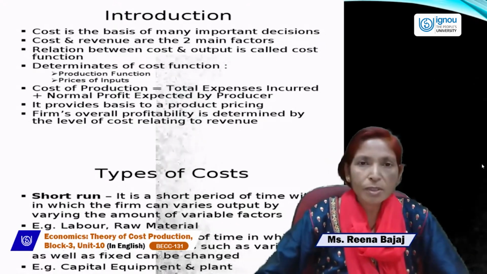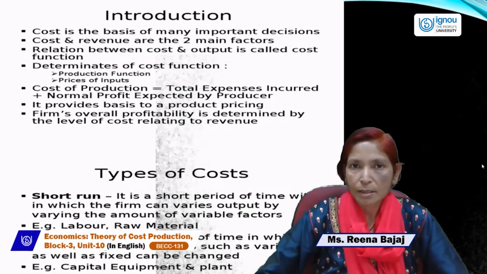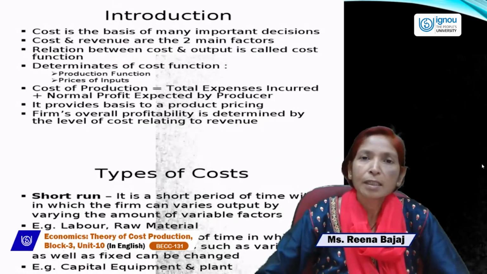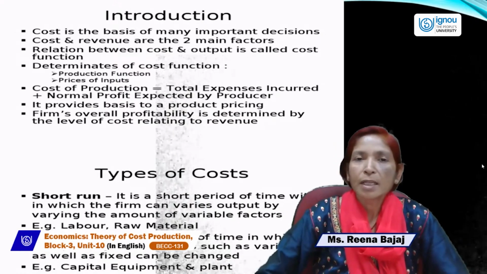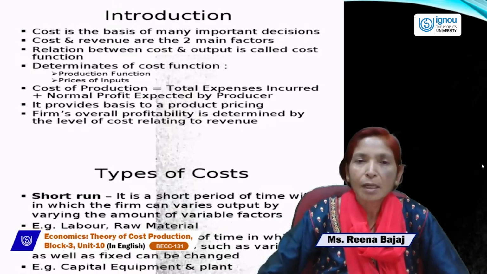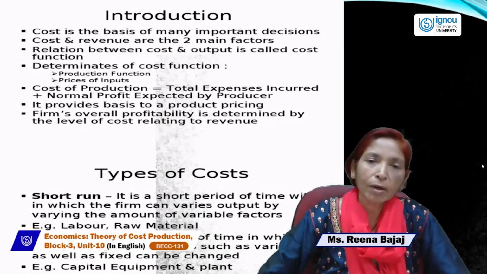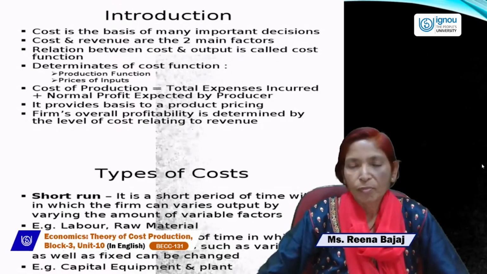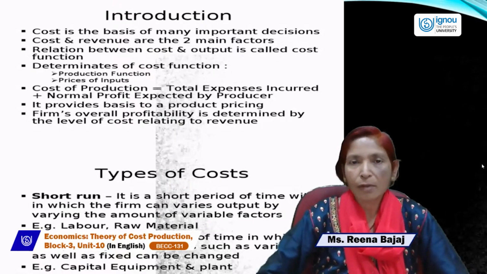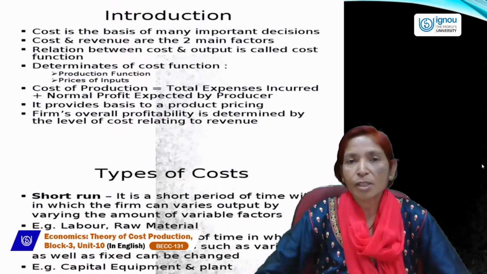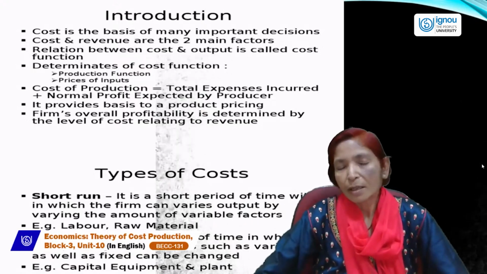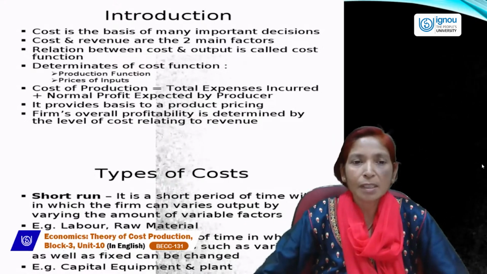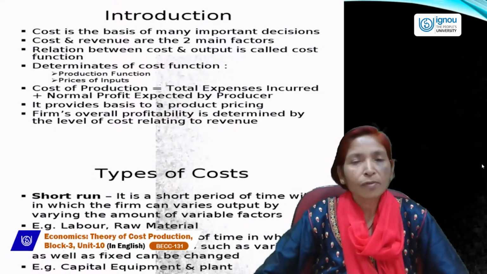The reward for using land is rent, the reward for using labor is wages or salaries, the reward for capital is interest, and the entrepreneur's reward is profit. If we add all these factors of production's rewards or their income, which accrued after giving their services in the production of goods and services, it is called cost of production.